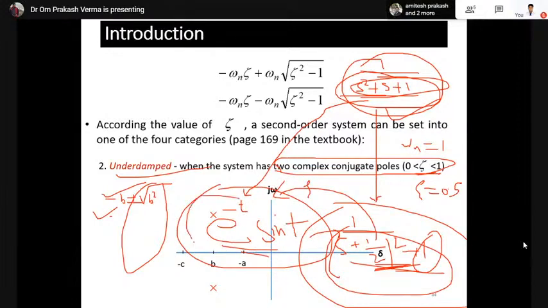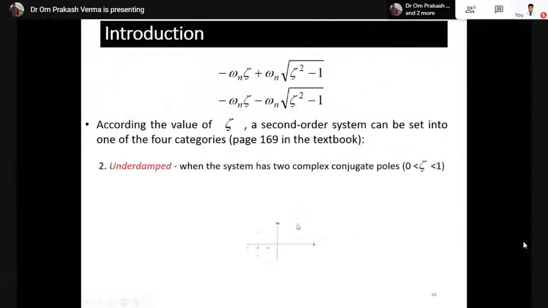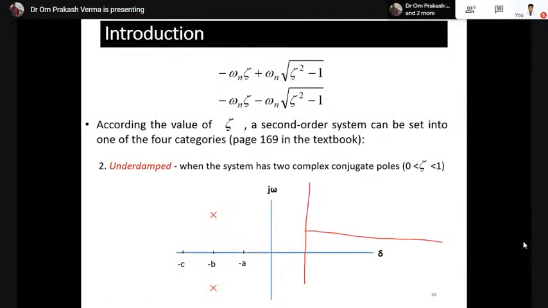And once you get the e to the power minus t sine t type of equation, when you solve this and draw the response, you get this type of sinusoidal signal, and the amplitude is decreasing.